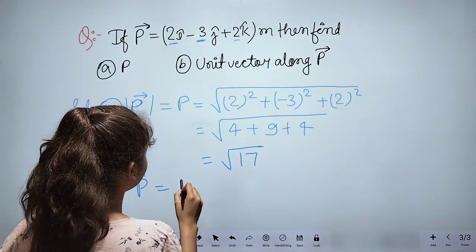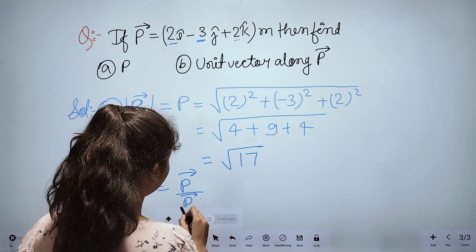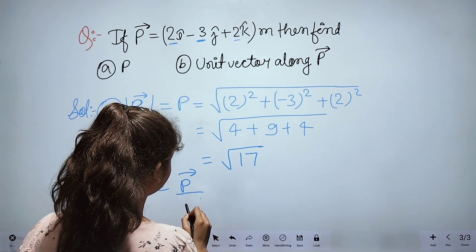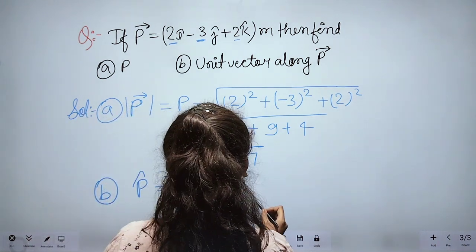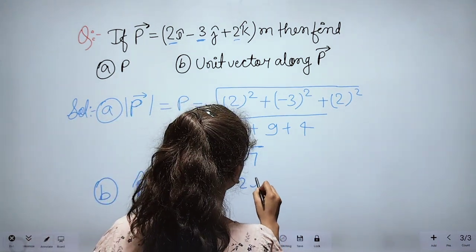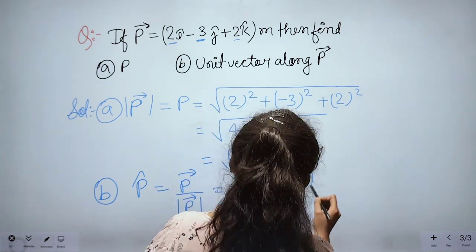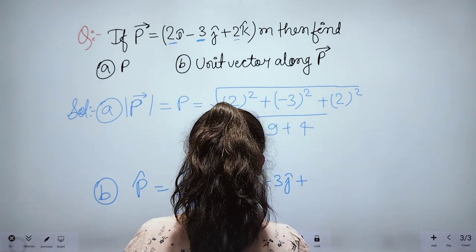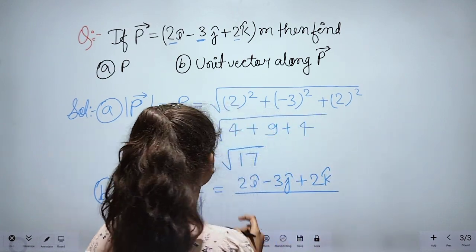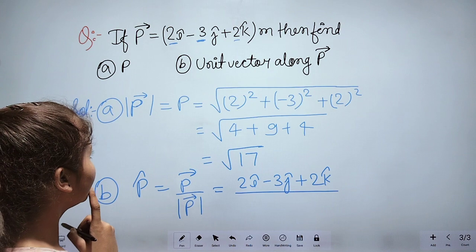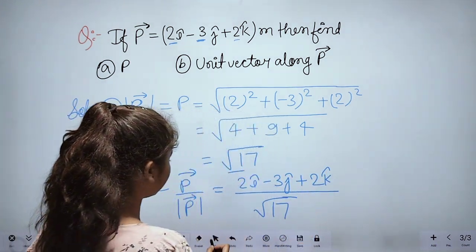So P cap is equal to P vector by magnitude of P vector, where P vector is equal to 2i cap minus 3j cap plus 2k cap, and the magnitude of P vector is root 17. So we have to write root 17.